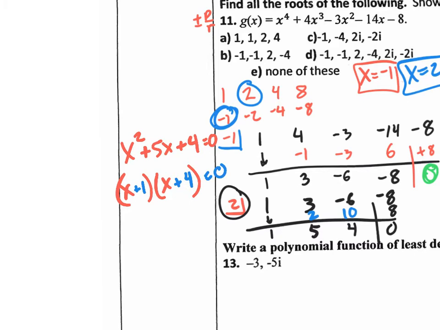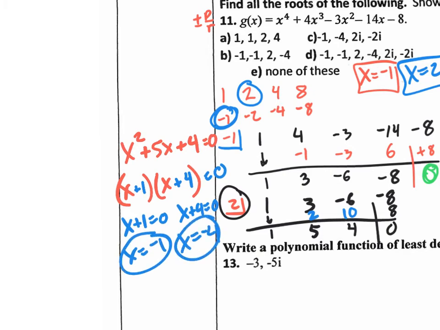So when you split them, x plus 1 equals 0, x plus 4 equals 0. You're going to get two answers, x equals negative 1 and x equals negative 4. So you actually have two negative 1s, and you also have a positive 2 and a negative 4, sorry. So there you go. B is the correct answer, which you guys already knew.